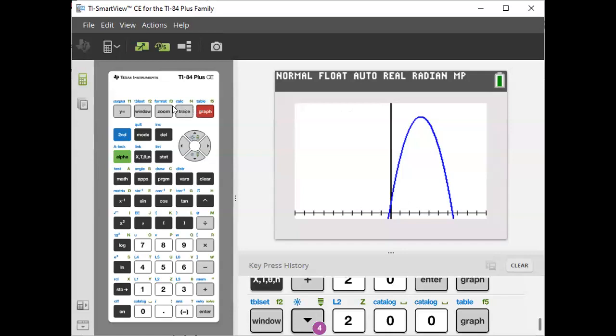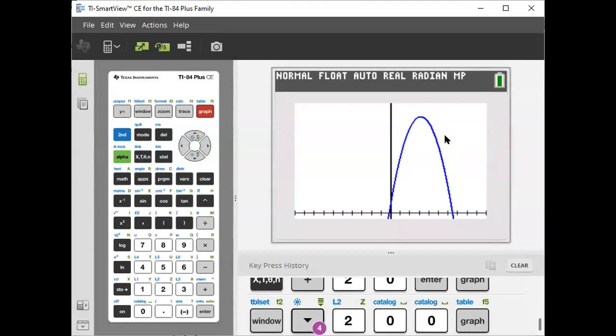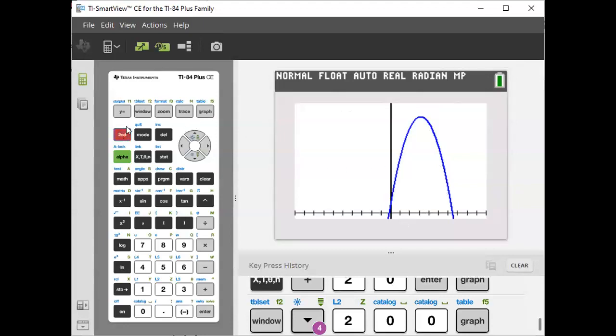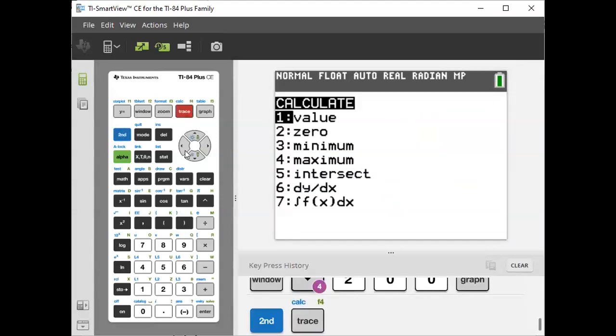You probably had some teachers that also told you to use this zoom button. If you use a graphing calculator in high school, you can hit zoom 9 and that will help with that too, other than changing your window. But this is why you want to kind of know how to do it by hand. So from this point, I go second calc. I know I have a maximum value I'm looking for.